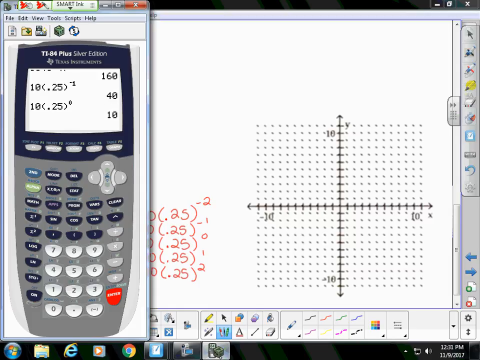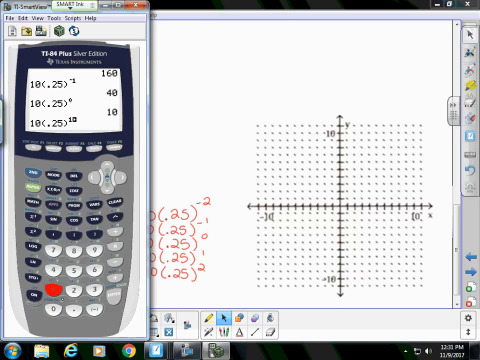Okay, next 2, I have 10. Oops. I forgot to go back to my pointer. Wrote on my calculator instead. 10 times 0.25 raised to the first power. And then 10 times 0.25 raised to the second power. Okay, and they keep getting smaller this time.